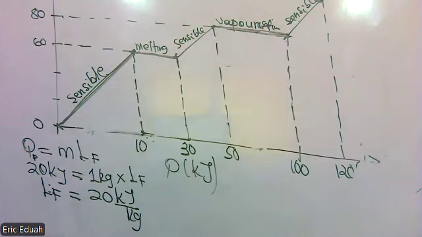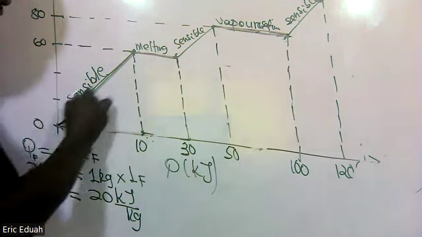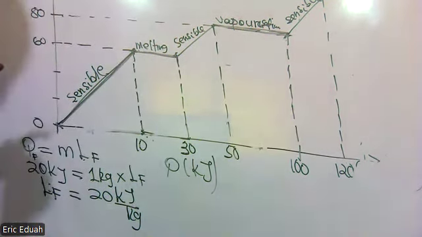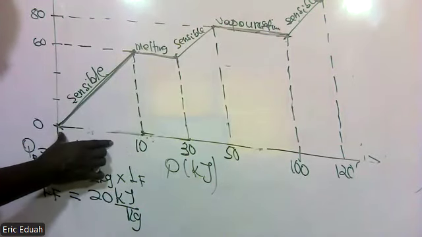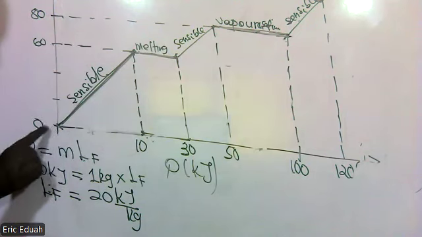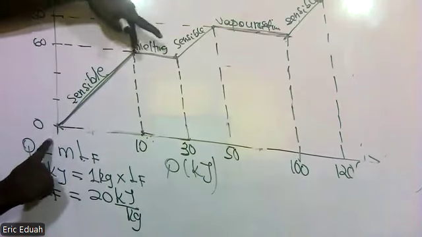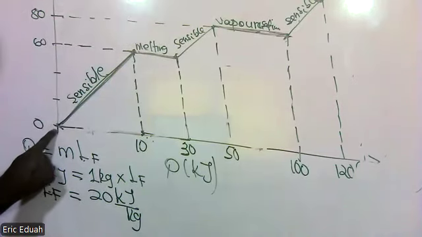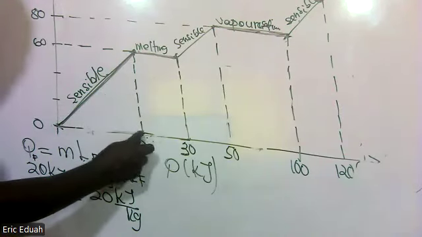So what this graph means is that if we look at this interval, this gradient talks about the quantity of heat energy that must be absorbed to change the temperature of the substance from 0 to 60, from 0 degrees to 60. And this represents the heat energy used.